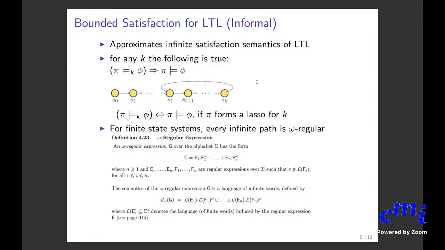That's the only way all infinite paths on a finite state transition system can be structured. And that follows from the fact that for a finite state system, every infinite path must be representable as an omega regular expression. And this is the one that is leveraged.